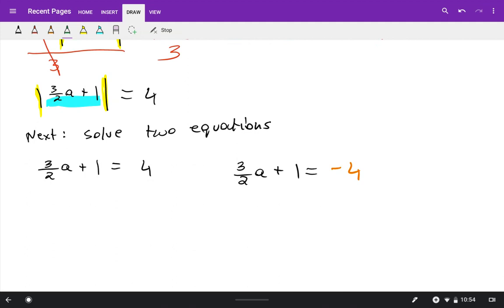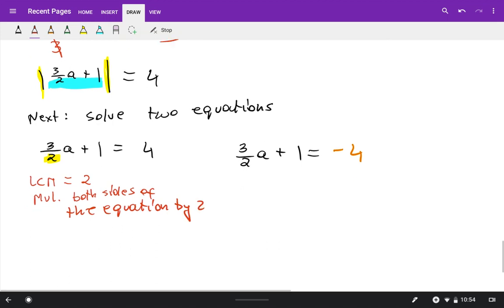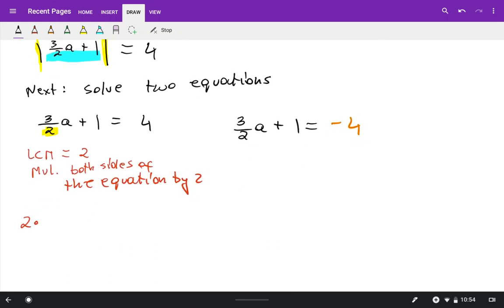To solve it, again, you have an equation with a fraction. The denominator is 2, so your LCM here is 2. I'm going to multiply both sides of the equation by 2. So I have 2 times the left side, which is 3 over 2a plus 1, equal 2 times the right side, which is 4.